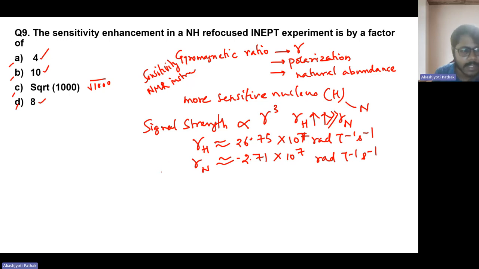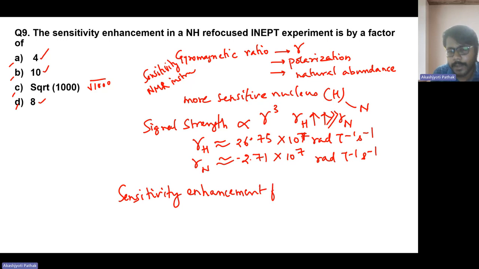Because of the transfer of polarization from the proton to the nitrogen, the sensitivity gets enhanced. This enhancement is given by a factor known as the sensitivity enhancement factor, which is approximately proportional to the square root of the gyromagnetic ratio of the two nuclei.